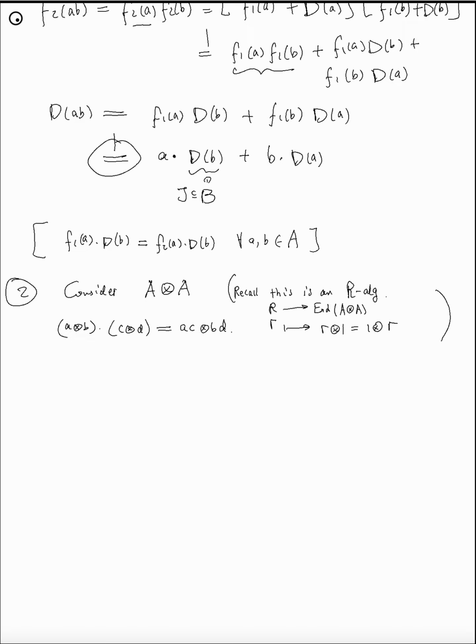So this map is multiplying on the first component or the second, okay?